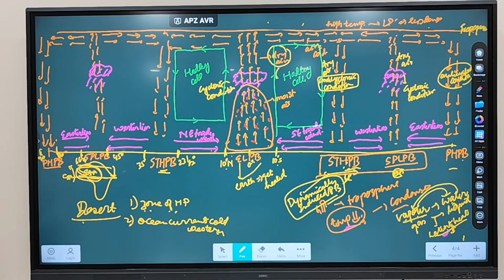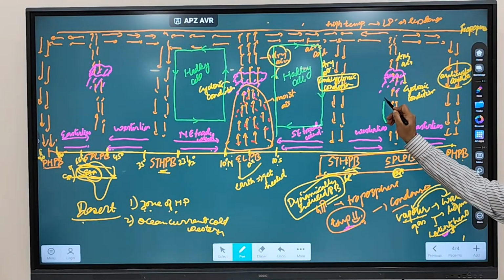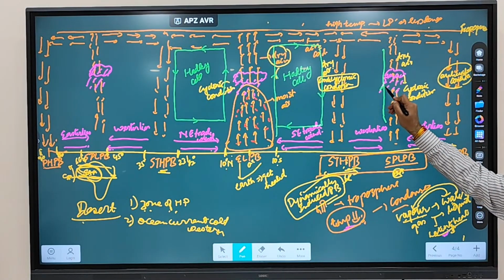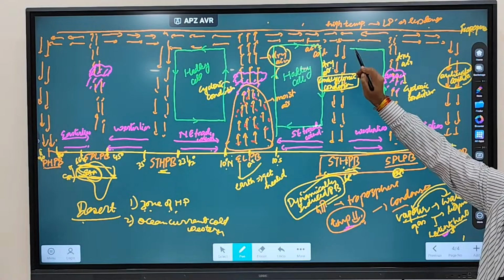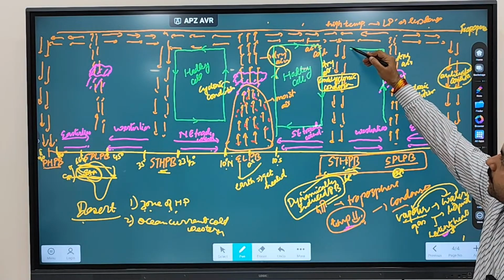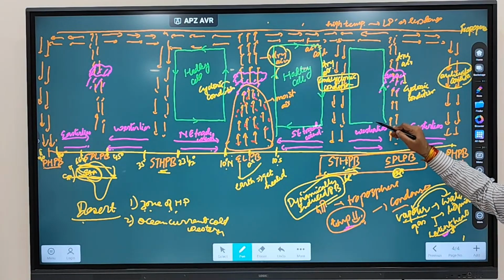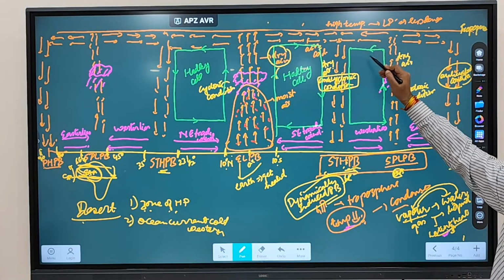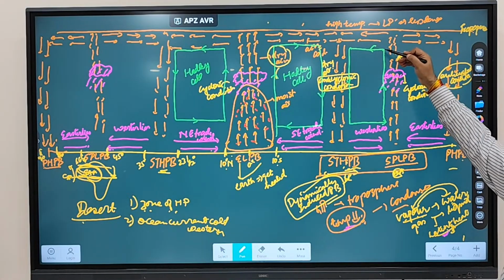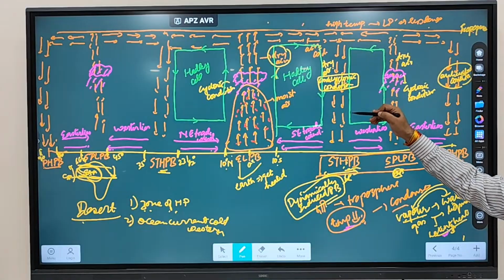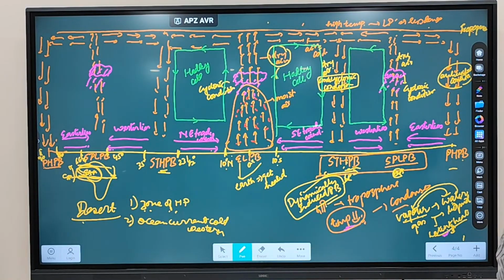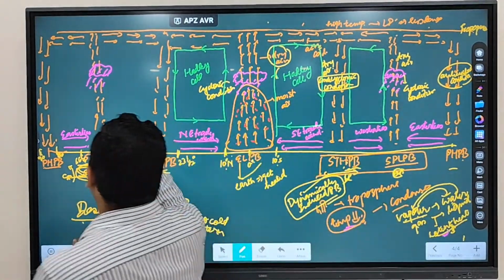Clear? Now the same thing you will also see over here. What is happening over here? Air is rising up like this, then moving in this direction. Then falling like this and then coming again in this direction. The same is also happening over here.